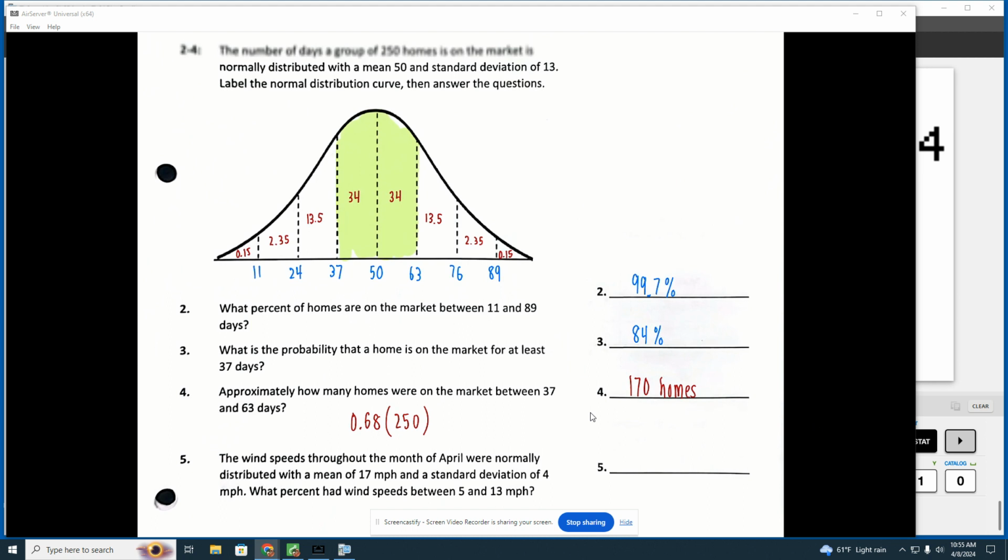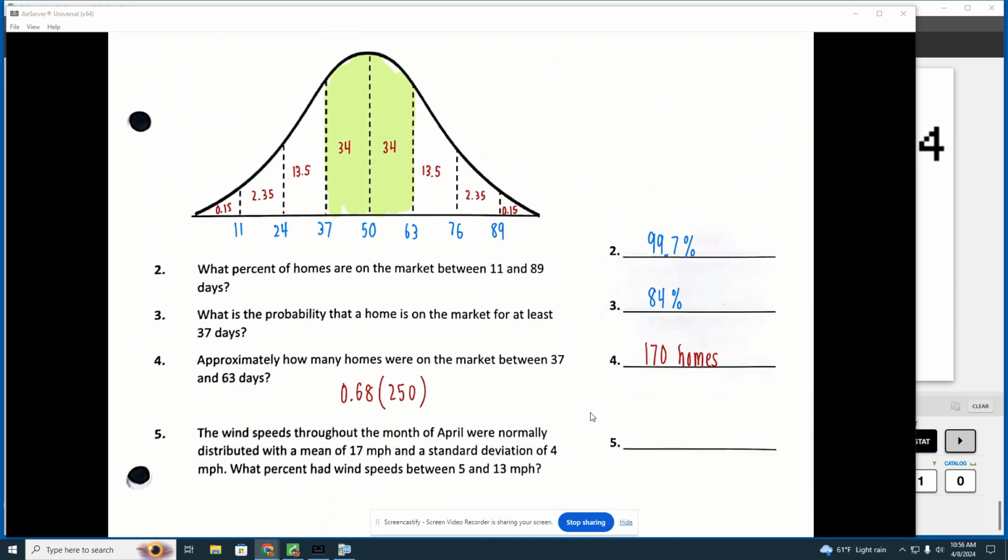All right, moving on. Number 5, and just like this on the test, guys, I would just use the graph that's already done for you above. This time, the wind speeds throughout the month of April were normally distributed with a mean of what? 17. Where do I put that 17? Right in the middle. And a standard deviation of what? 4.